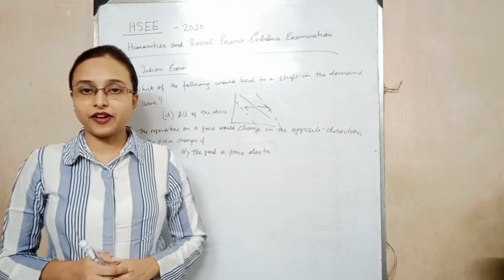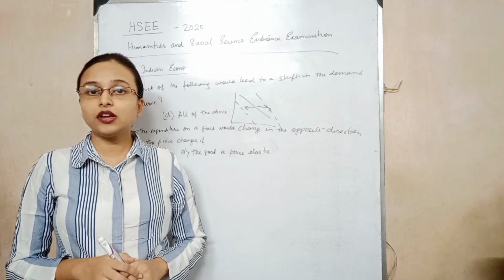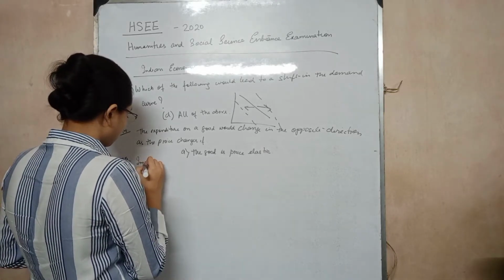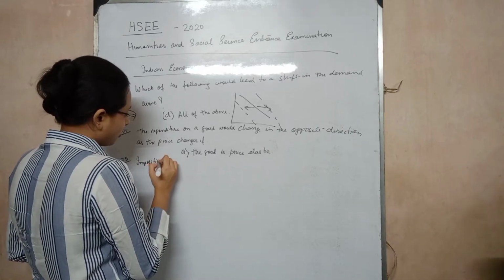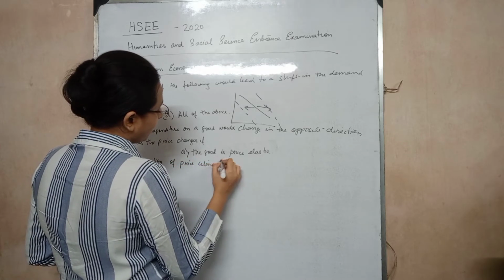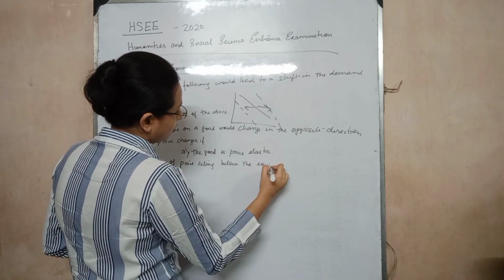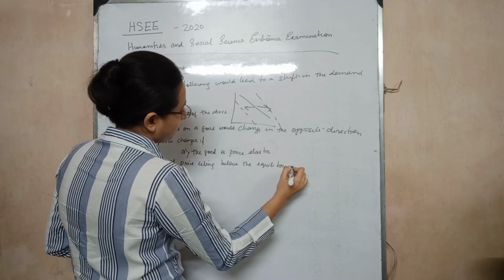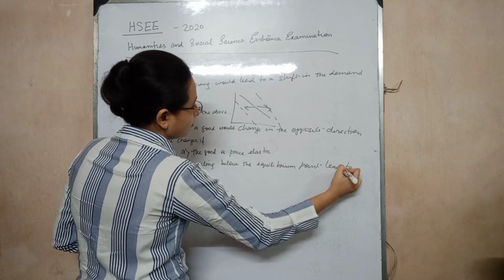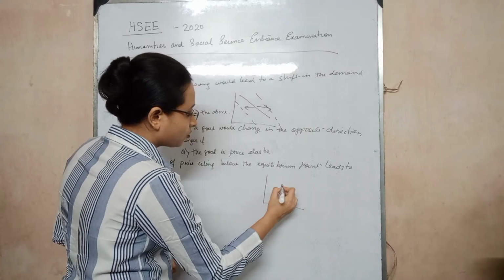Now the question number 75. Imposition of price ceiling below the equilibrium price leads to... Imposition of price ceiling below the equilibrium point leads to, now if you can remember, the equilibrium point was like this.